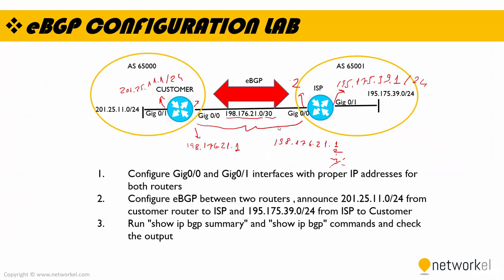I finished my first step. The second step is saying to configure eBGP between two routers and announce some prefixes to each other. Alright. The first thing I'm gonna do is configure the eBGP.